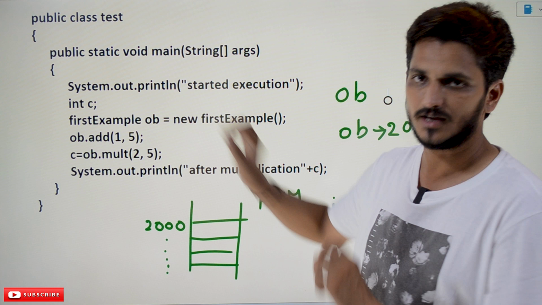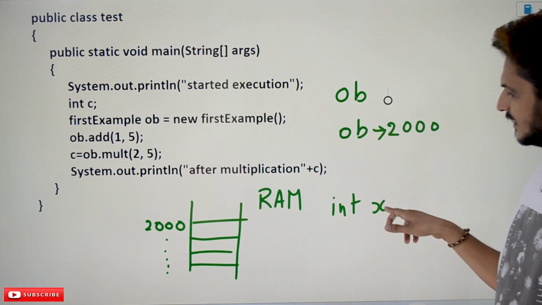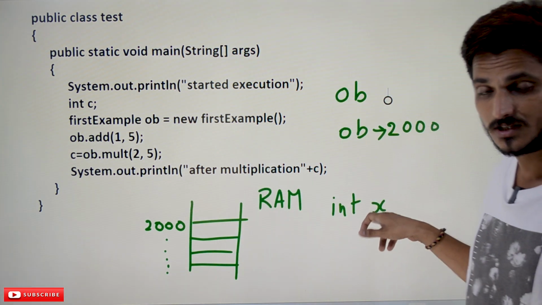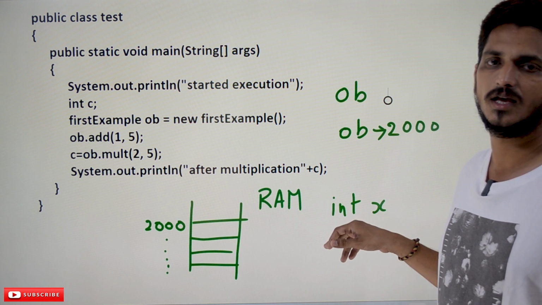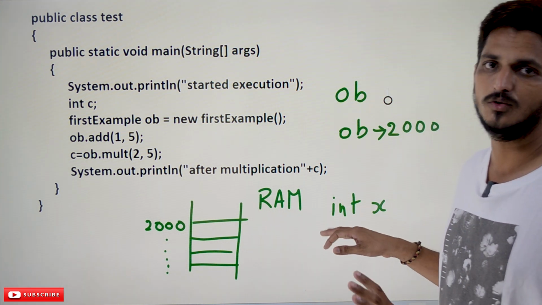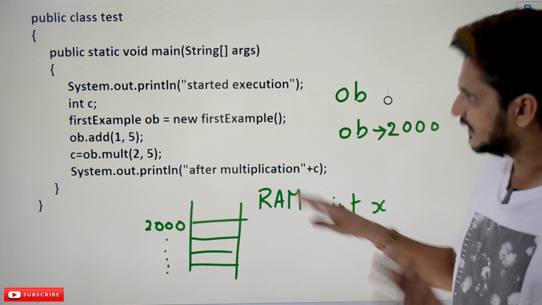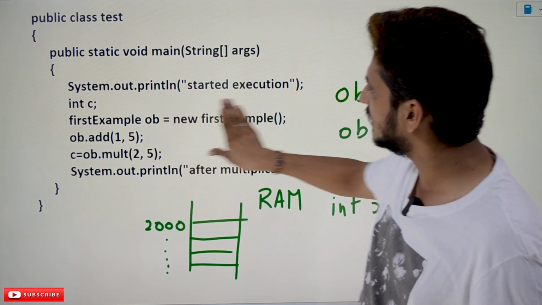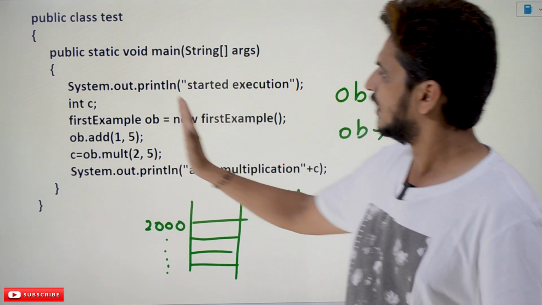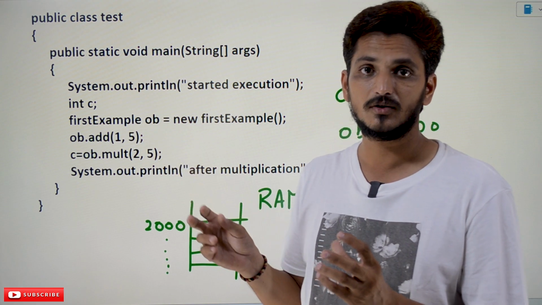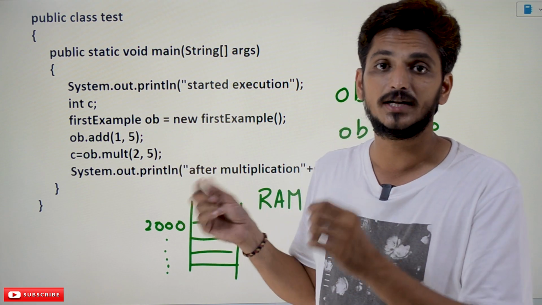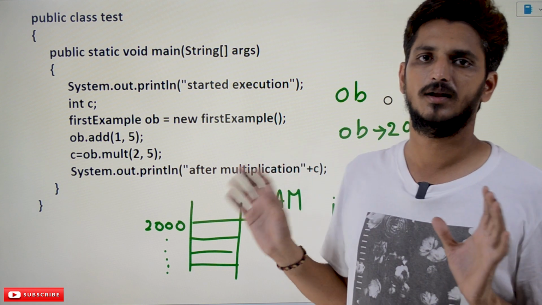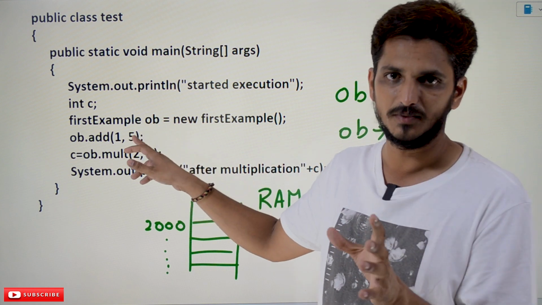So we defined a variable. Whenever you define a variable int x, is there any value in it? No, there is nothing. It is an empty variable, there is no value. Here also it is the same. If you eliminate the equal to new firstExample(), we created a variable related to the class. We call it a reference variable. This ob is a reference variable.